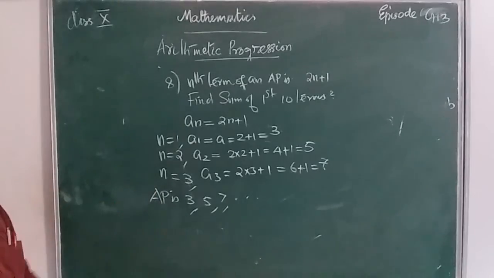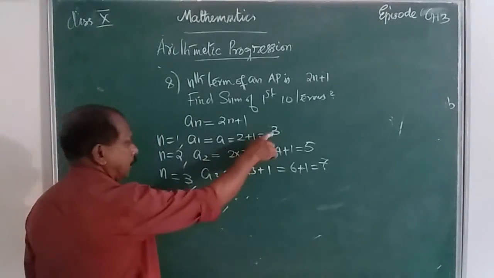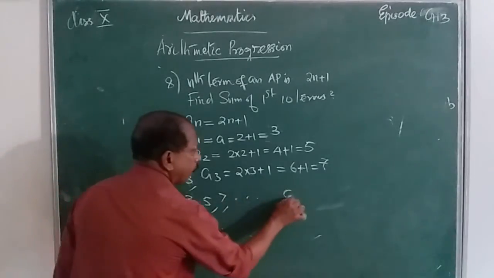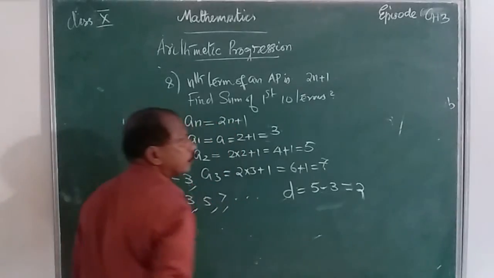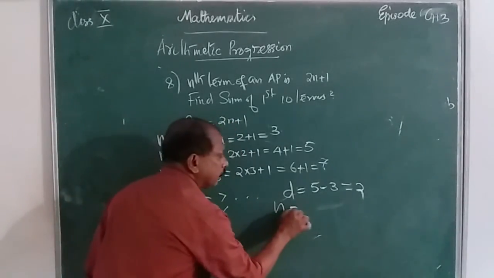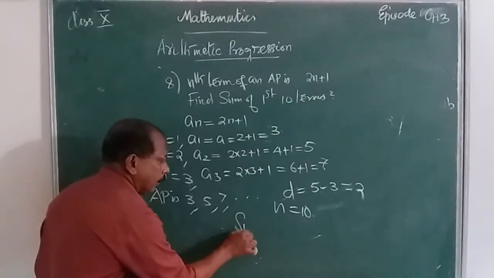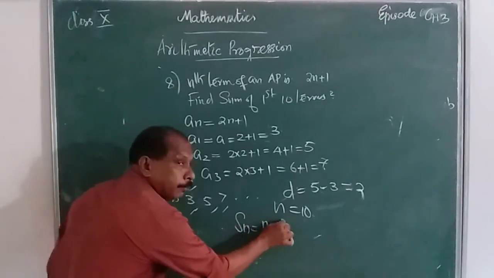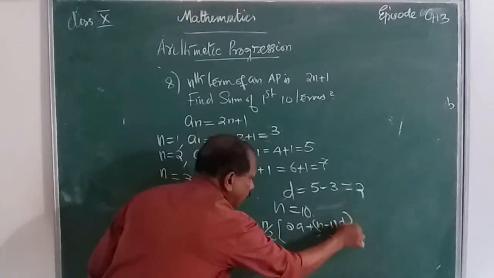Find the sum of first 10 terms. Then a is equal to 3. What is d? d is equal to 5 minus 3, is equal to 2. n is equal to 10. Therefore, sum of n terms, Sn is equal to n by 2 into (2a plus (n minus 1) into d).